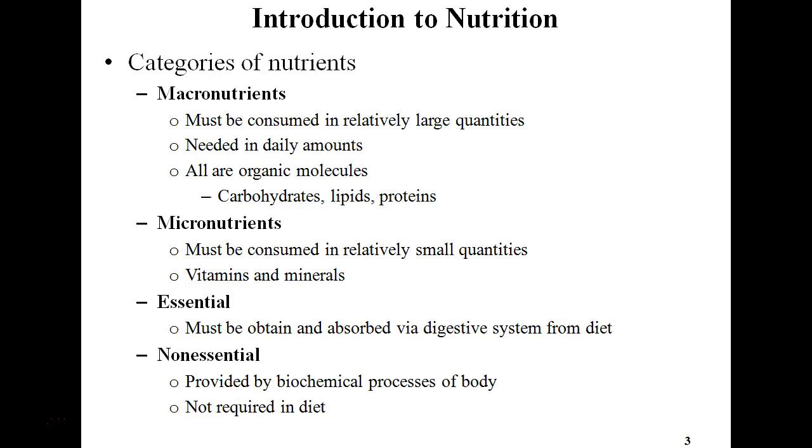These are provided by biochemical processes of the body. In other words, the body manufactures its own substances. For example, the body has a full portfolio of amino acids that it pulls from. It also needs amino acids from foodstuffs as well.